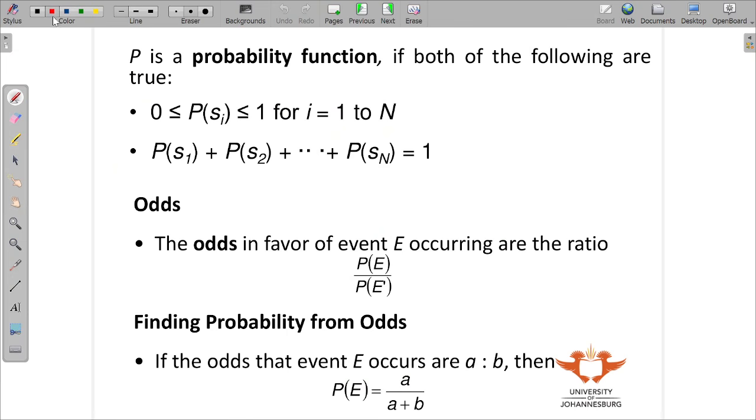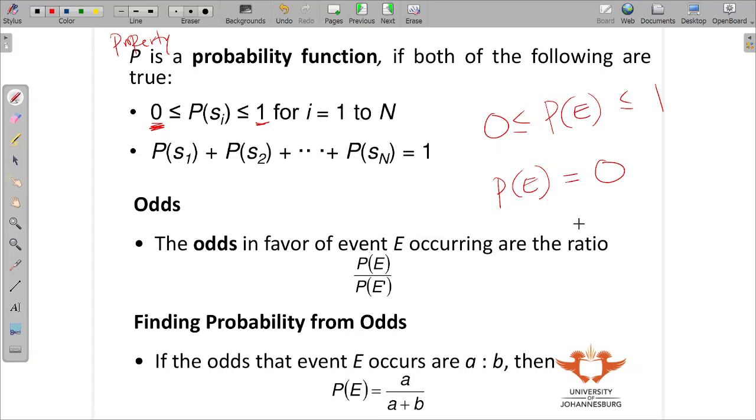Okay, the property of probability: probability cannot be greater than 1 and cannot be less than 0. So the probability of an event is less than or equal to 1 and greater than or equal to 0. If we are sure that the event will not occur, then the probability is 0.